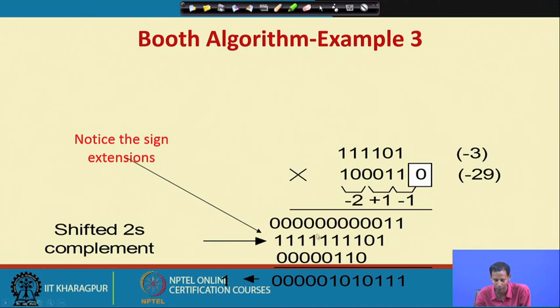As I am putting these extra bits, I am increasing the complexity of the circuit. Okay. So, is there any way out to reduce that? Can I reduce that?